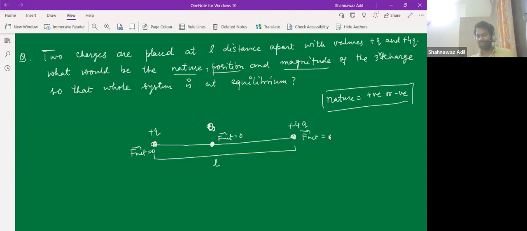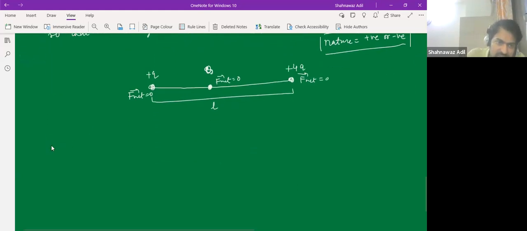Okay. So let us see the example that let us suppose that we are taking a positive charge in here. So we are first trying to find out the nature. To find out the nature, let us suppose Q is positive.